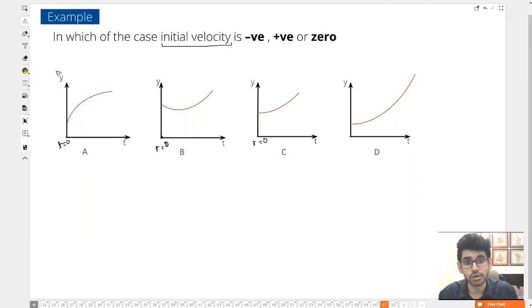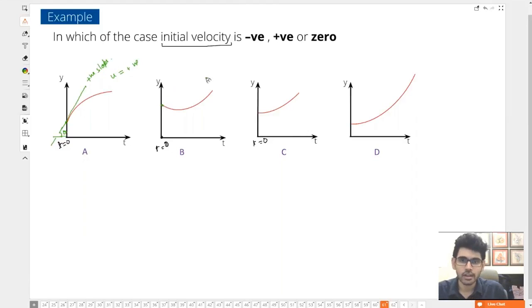Plus, minus or 0? What will it be? Yes, it will be plus, because look, see, slope is positive. It's making an acute angle with the positive x-axis. So positive slope. So u is positive. Initial velocity is positive at t is equal to 0.